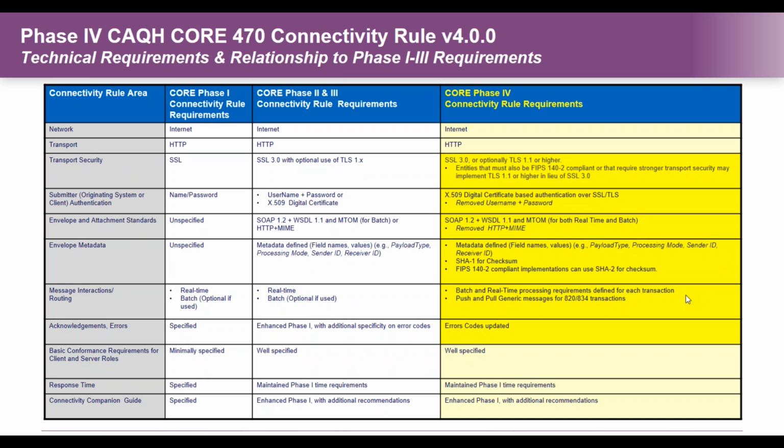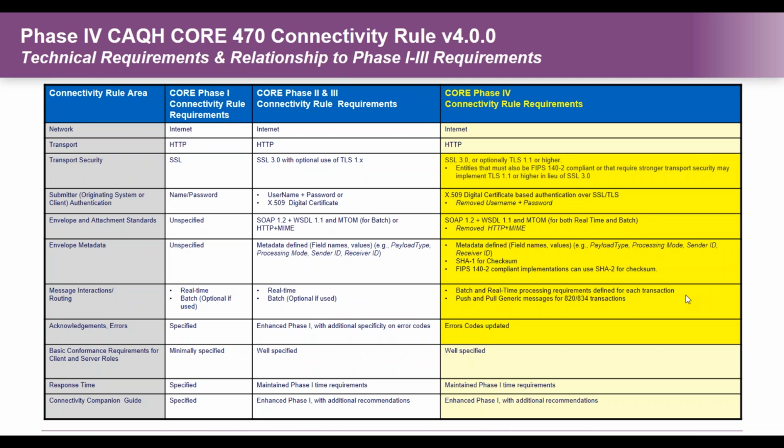And the cells in this table that have a bold yellow highlight, those indicate some of the new requirements or updates to the requirements that were applied in this phase relative to the previous phase 2 and phase 3. So if we go down this table, you'll notice that the network and transport requirements are identical.